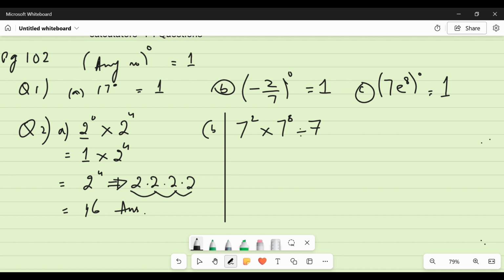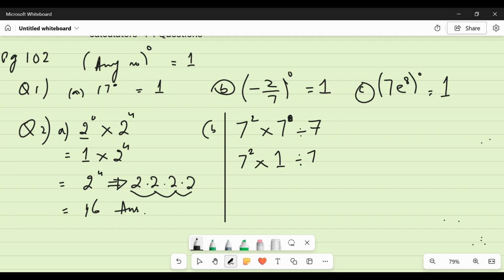Sorry, my bad, it's a 0. As we know, 7 to the power 0 is equal to 1, so it's converted into 1 divided by 7, because 7 to the power 0 is equal to 1.